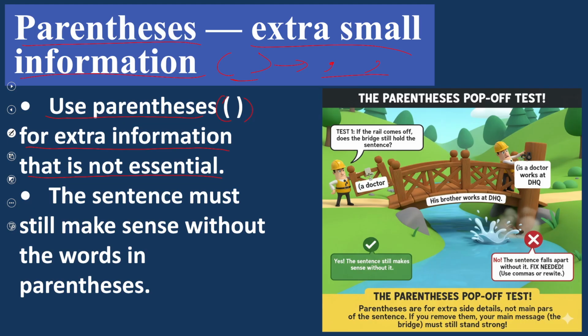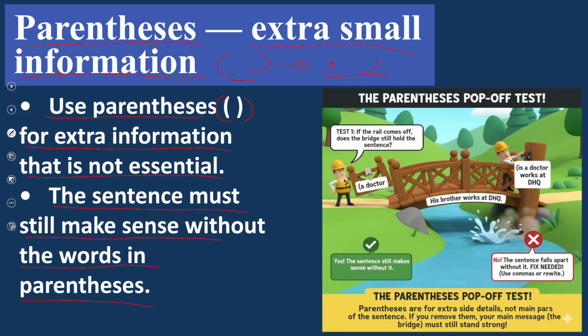It means that whenever we put extra or non-essential information in the brackets, when this information is removed from the sentence, the main meaning or the main structure of the sentence is not disturbed. Yes, this is the main core feature of what? Parentheses. The sentence must still make sense without the word in parentheses.